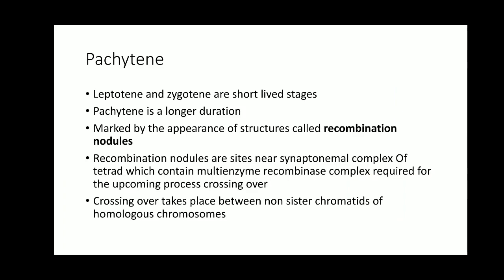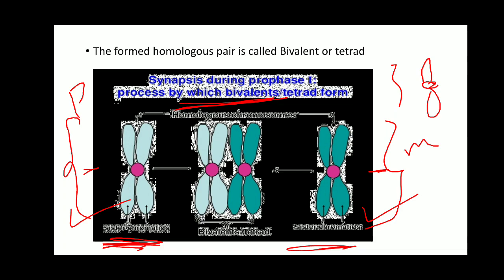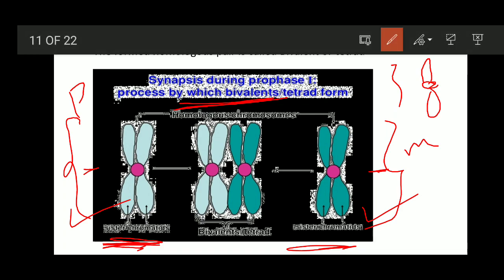If you see this diagram, these two are sister chromatids and these two are sister chromatids. One is from the paternal side and the other is from the maternal side. Together they form homologous chromosomes.